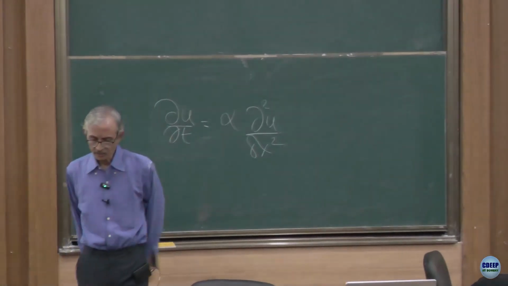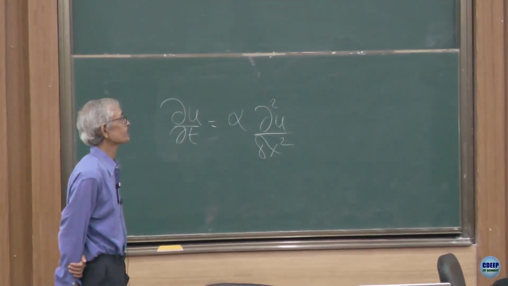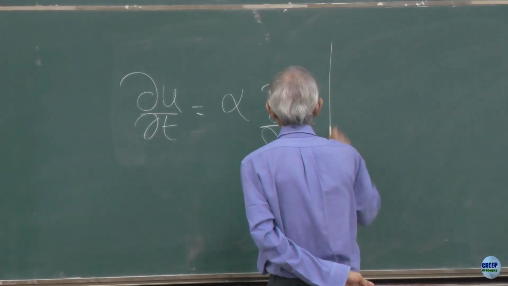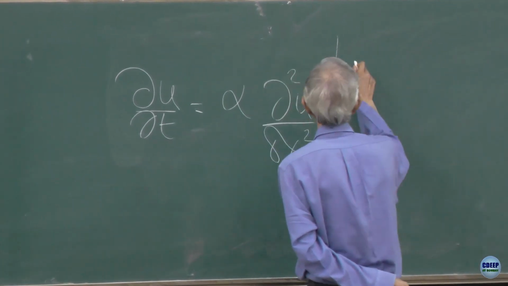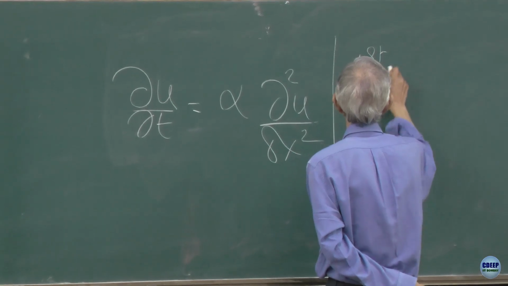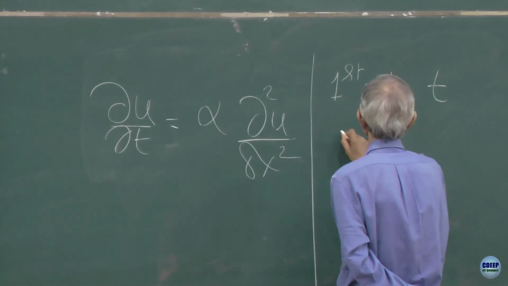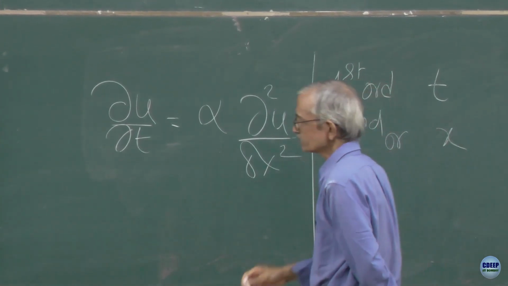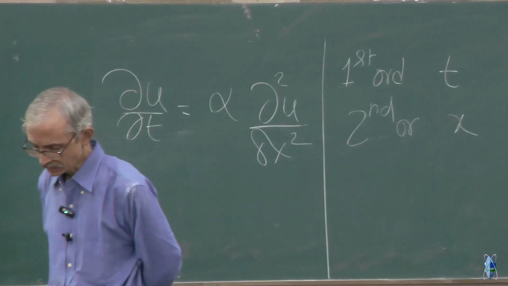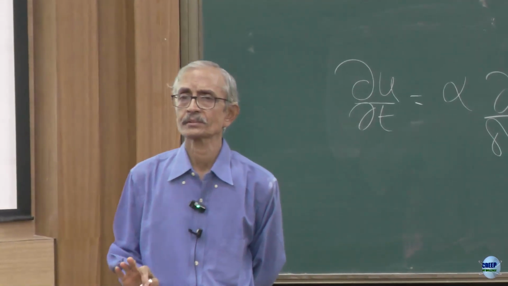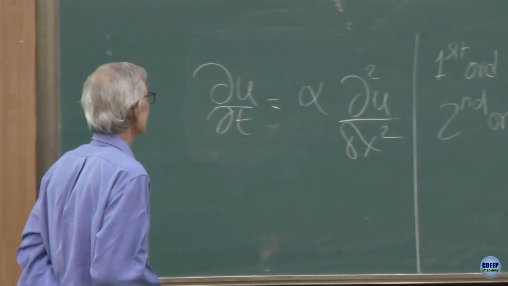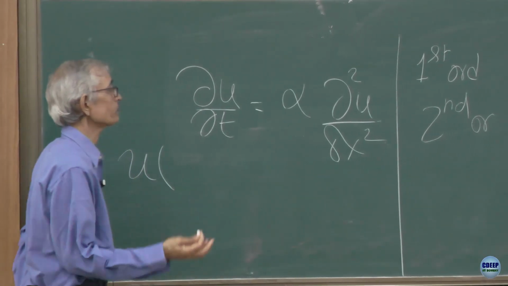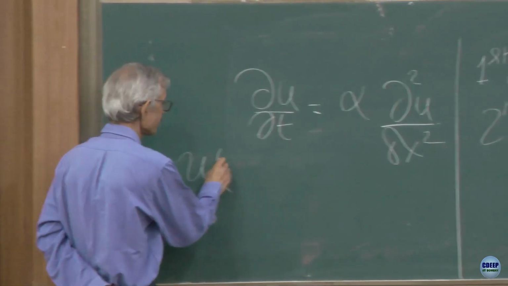This is the standard heat diffusion equation in one dimension, and this guy is first order in time and second order in x, and therefore we need three conditions. Okay, so how many conditions on time do we have, or how many conditions on space would we have?